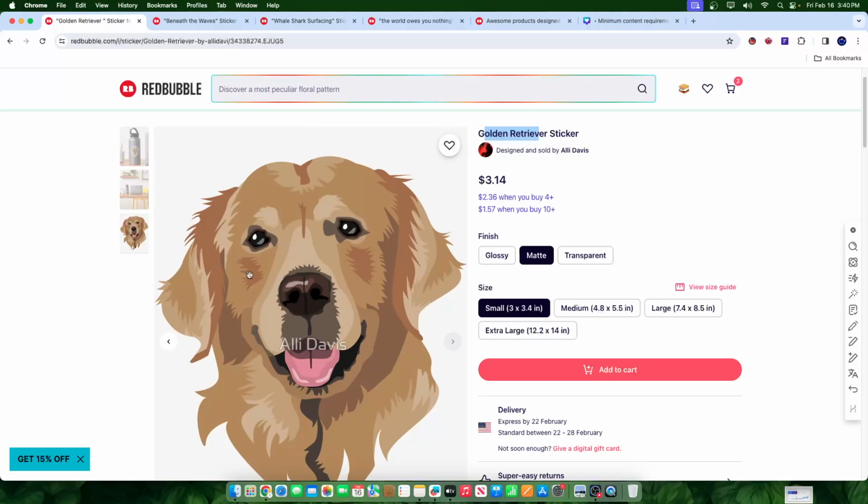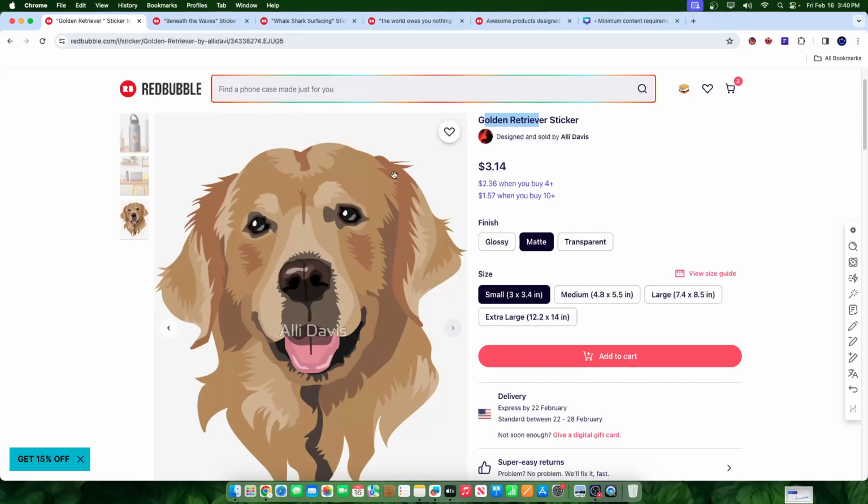If I created a great golden retriever sticker and had no source of promotion at all, no social media, no favorite tool, you guys know the Redbubble favorite tool, basic tags, and I just sat there, it would take forever for me to get a single sale. And unfortunately, like I said, most people are running into a situation where they'll upload and they'll make $15 a year, $40 a year, if they're lucky, you know?